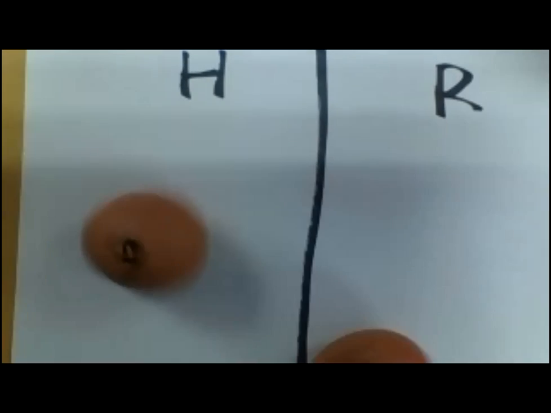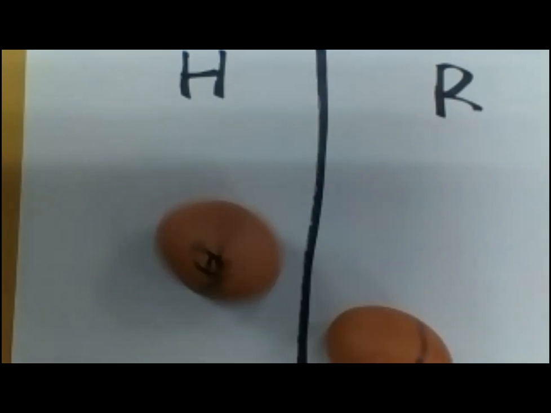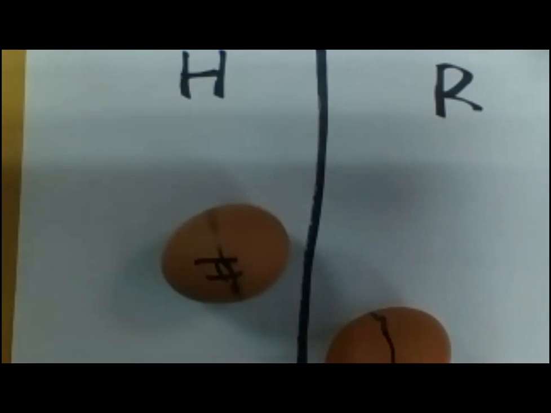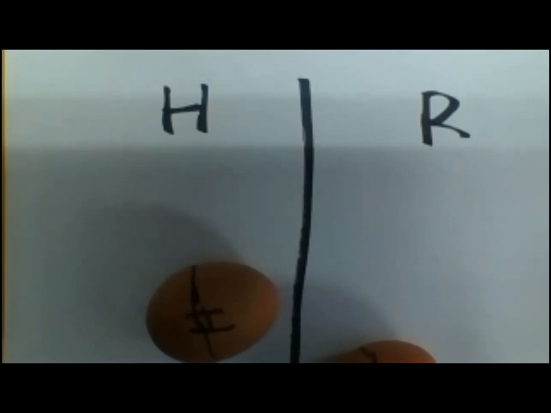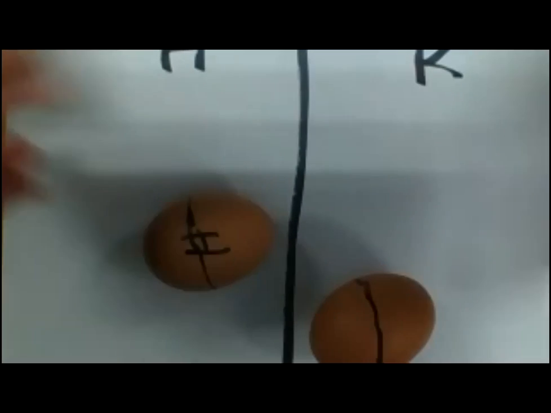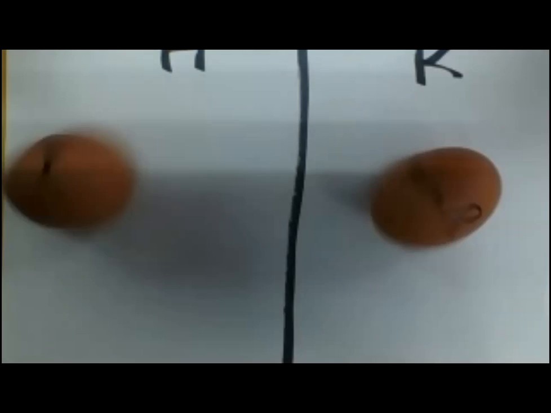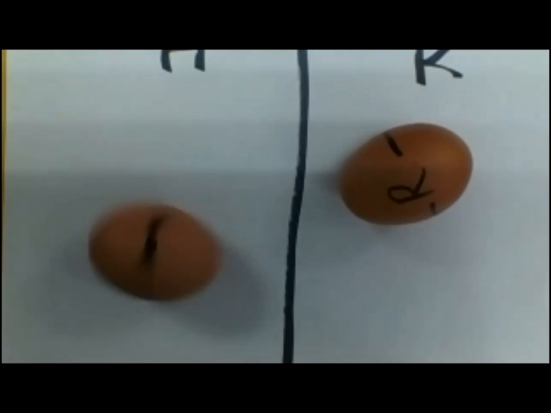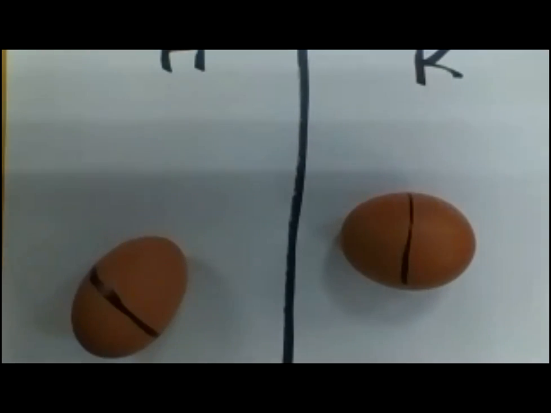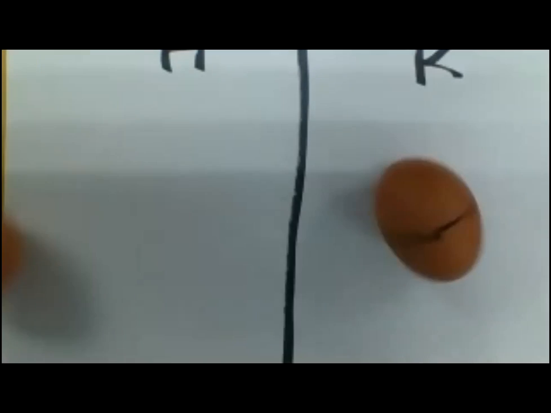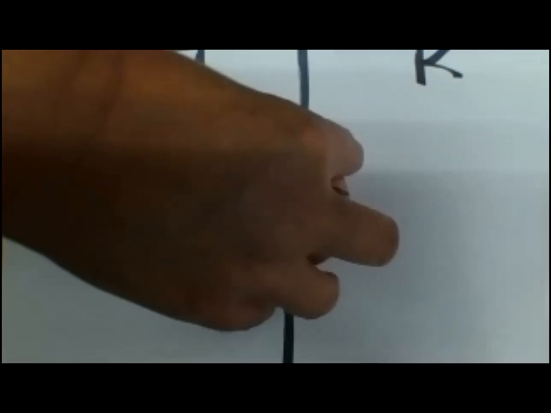Okay. So let me, is it better this way? No, better this way. Okay. I'm gonna spin it again for you. And now I'm gonna spin the hard-boiled egg. Let me try to keep it in the middle.